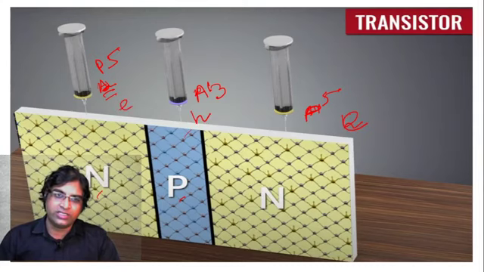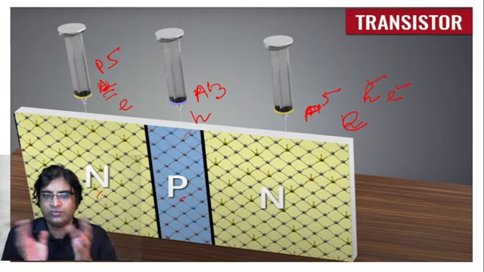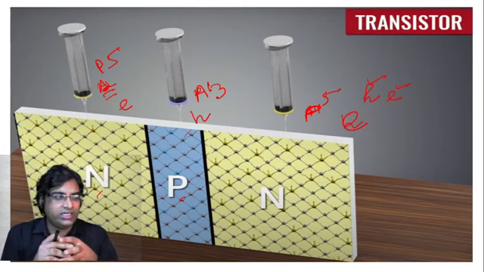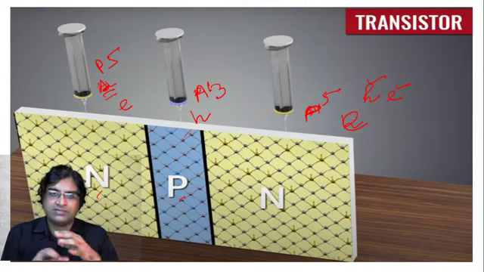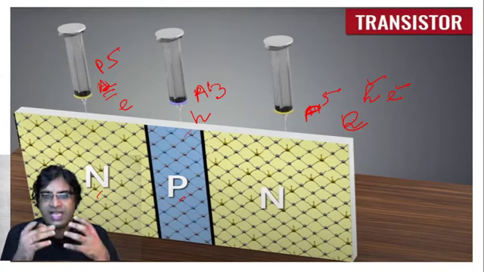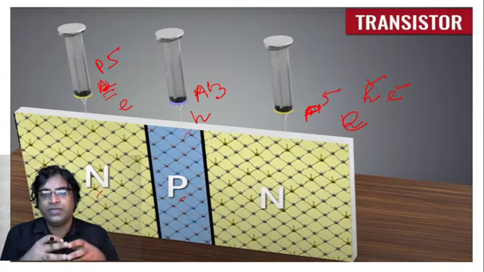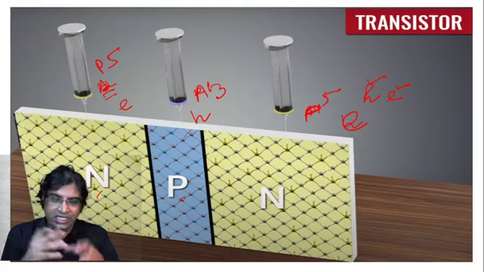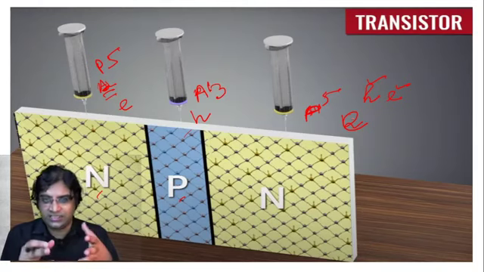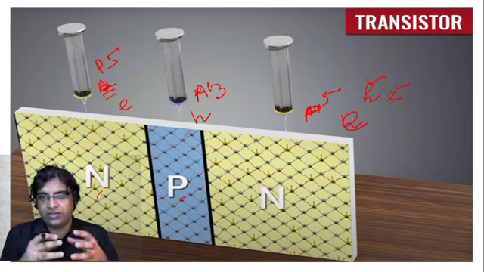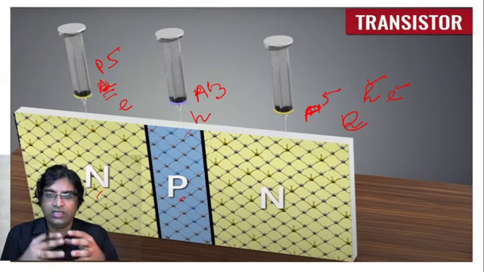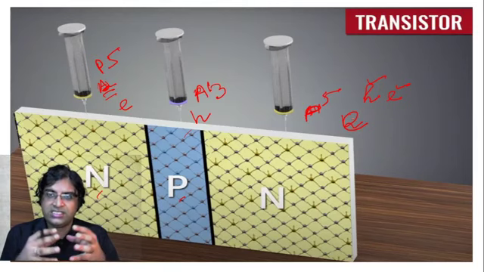Both hole and electron are working together for the purpose of amplification, for the purpose of the activity. So from that point of view, it is called bipolar. That is why it is called a bipolar junction transistor.